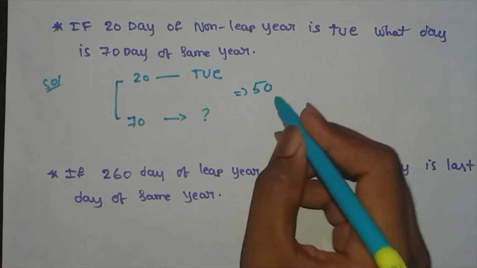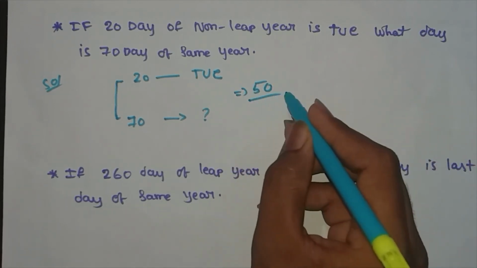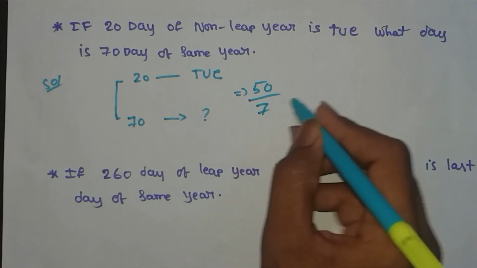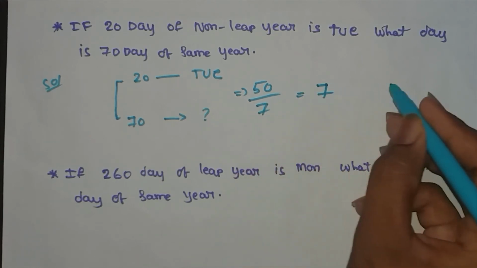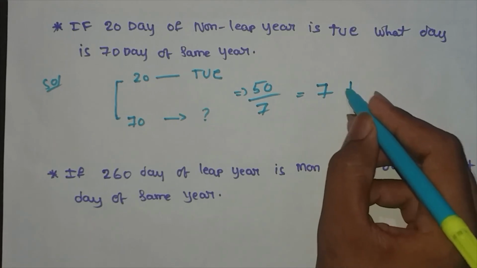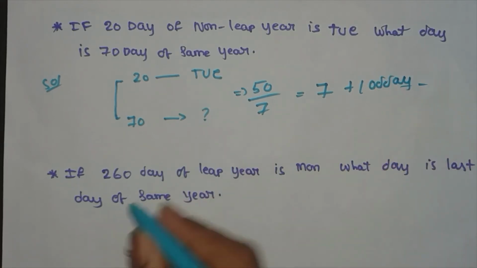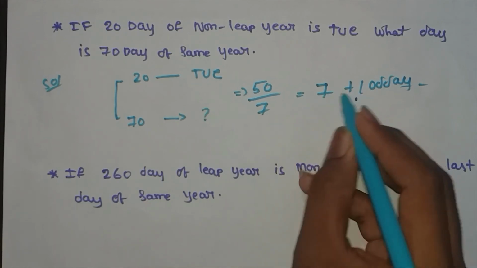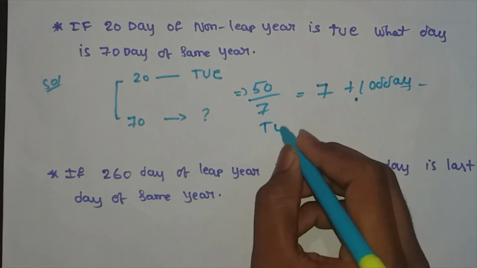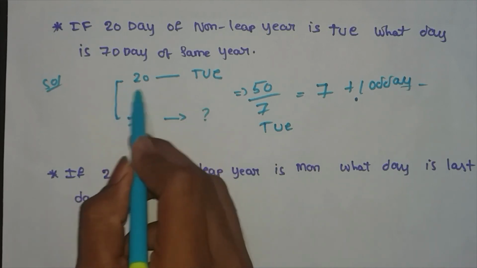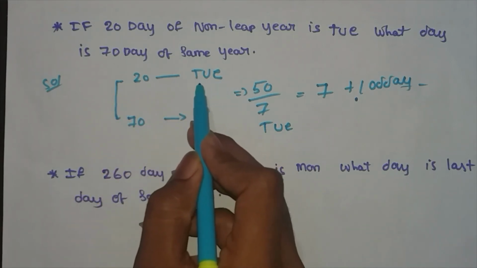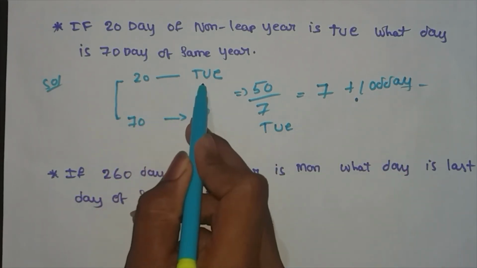So I have to find the number of odd days for this given number. 7 sevens are 49. That means I am left with one odd day. So I will add this one odd day to the given day. The given day is Tuesday, that means the 20th day is Tuesday. So I will simply add this one odd day to this Tuesday.